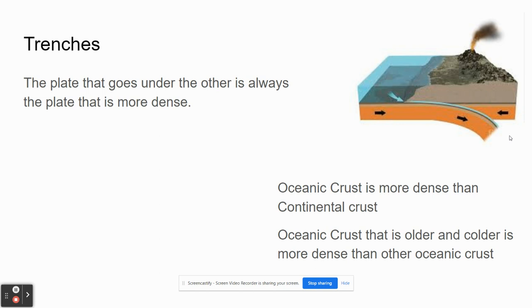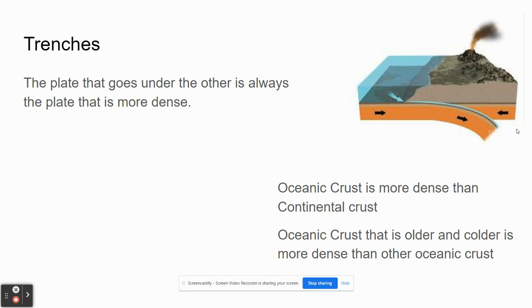When you look at two oceans, because sometimes there are plates where two ocean crusts are colliding or coming towards each other, in that case the colder and older one is going to go underneath. Just like in the convection lab, if something's colder, it's more dense, and it's going to sink. Same thing here.